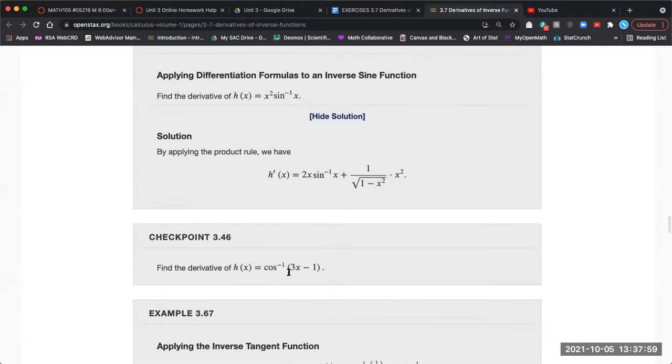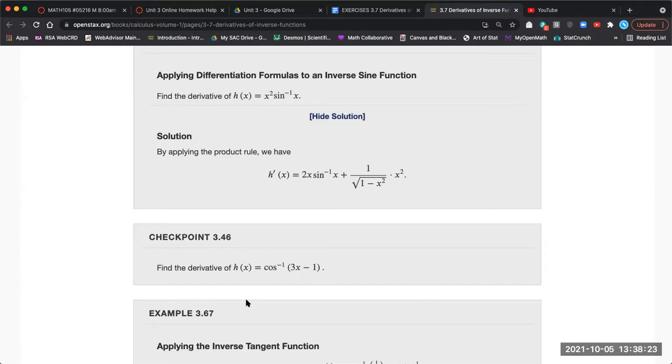You would see on this problem, as you take the derivative of the inverse cosine, we don't have a product rule in this case. That one would be only a chain rule. Can't get my pen to work, so I can demonstrate this one. There we go.